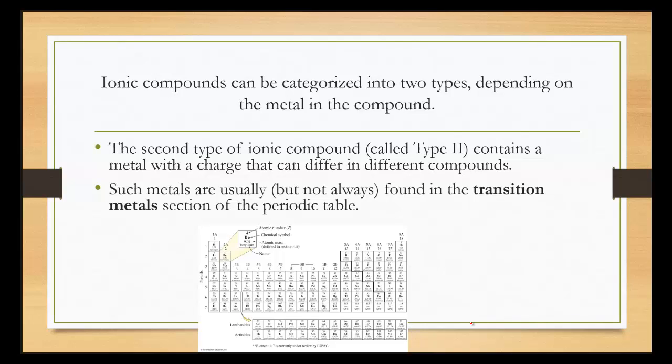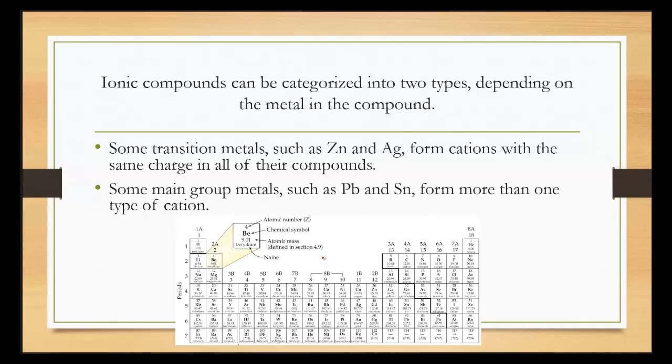The second type of ionic compound, or type 2, contains a metal with a charge that can differ in different compounds. Such metals are usually, but not always, found in the transition metal section of the periodic table. Some transition metals, such as zinc, which always has a +2, and silver, which always has a +1, form cations with the same charge in all their compounds.